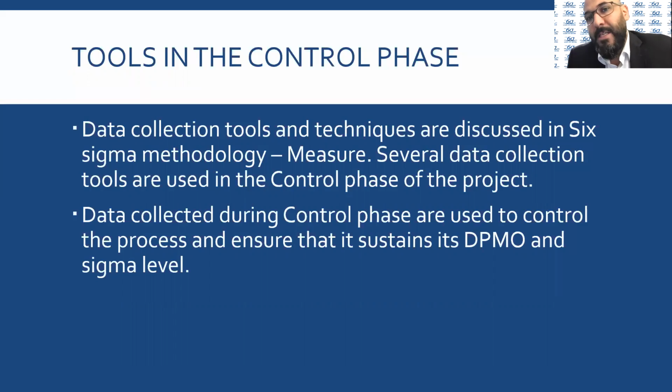And also in this phase, once we collect the data, we need to find out the process level, because we have a new process right now. Once we have a new process, we need to find out, did we improve this process? Did we improve the capability of the process? Did we change the sigma level? Did we improve the efficiency?